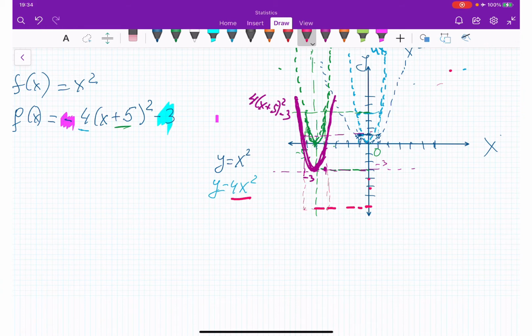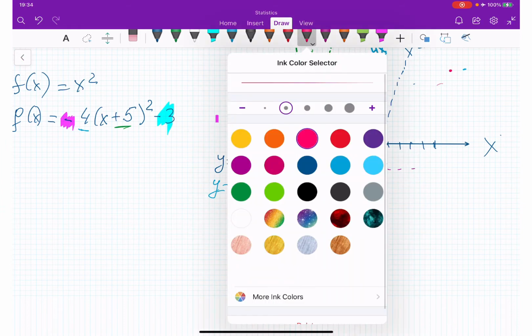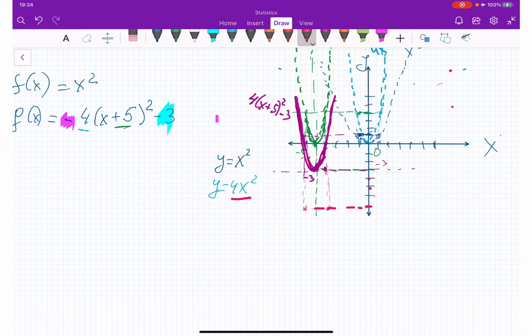So it's going to go through these 2 points. All right, now I can build it. Like this.